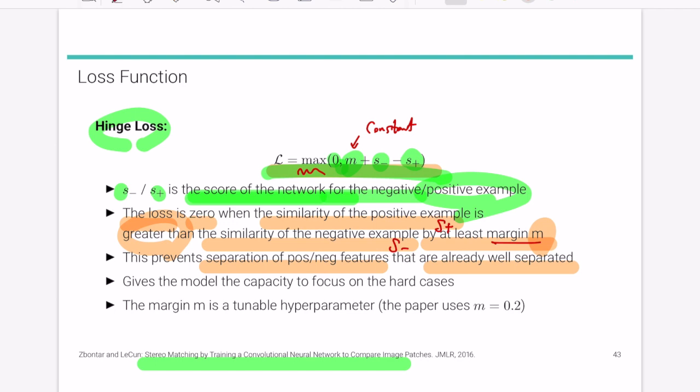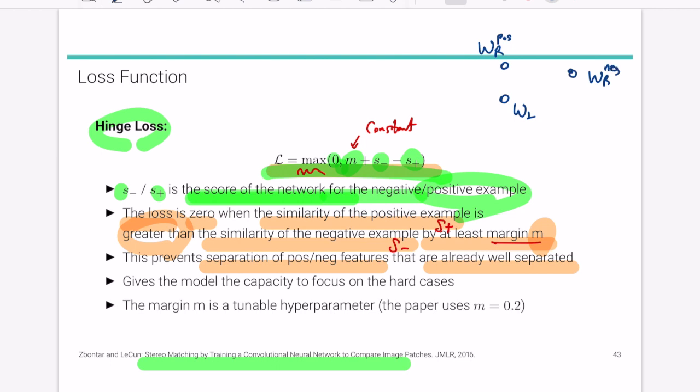So in a geometric manner, if we have a query patch, let's say XL, and let's suppose that we have positive patches and negative patches here.